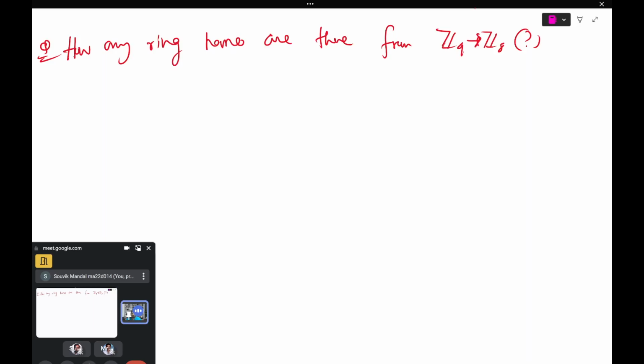Think about it. You need to use the properties of ring homomorphisms related to order. Also you need to use the first isomorphism theorem. Using this, first try to solve this. If you are unable to solve, then I will solve it. Take your time. I shall be back after 2 or 3 minutes.